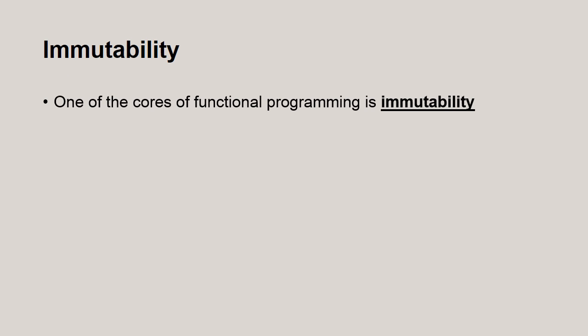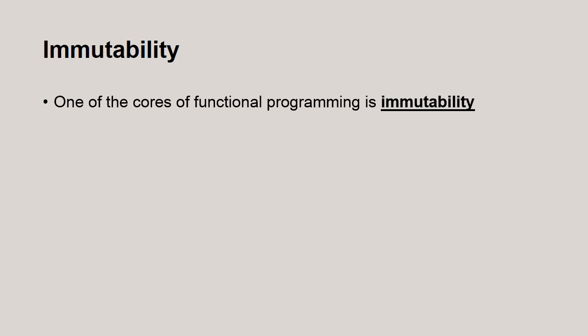Immutability. The core of functional programming, other than functions themselves, is immutability. Being able to differ between mutable and immutable values is commonplace in many object-oriented languages as well.